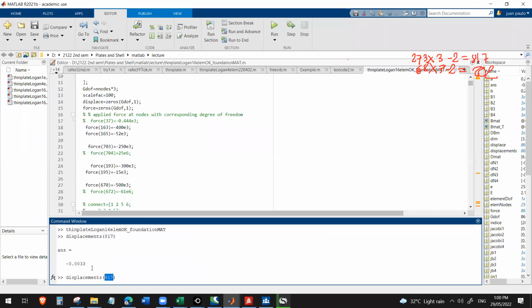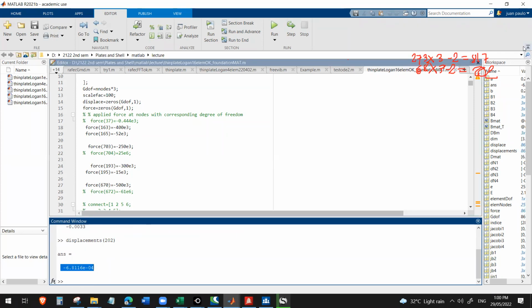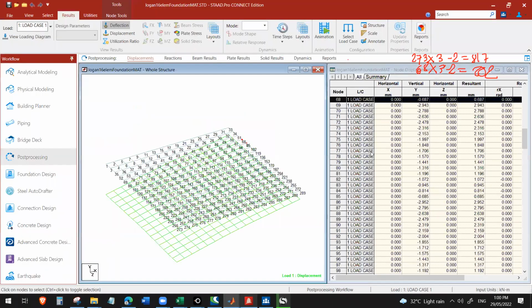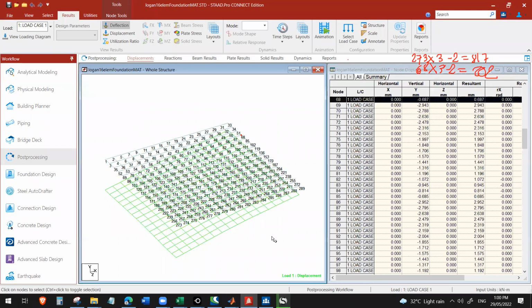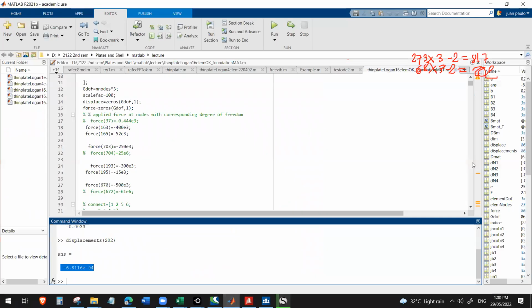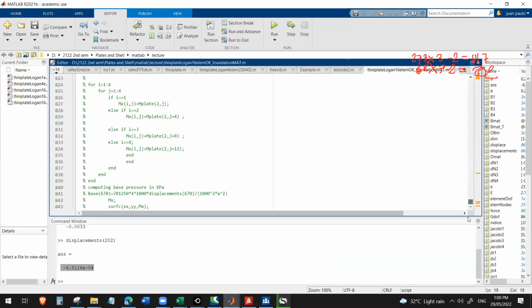Palitan ko lang to ng 202. Yan, 0.68. See? It's 0.68 millimeters, which is consistent kay MATLAB, kay STAAD. Okay, we're done with the displacements. How about the base pressure? No? So, sa base pressure, so ito yung pinaka calculation. Yan.